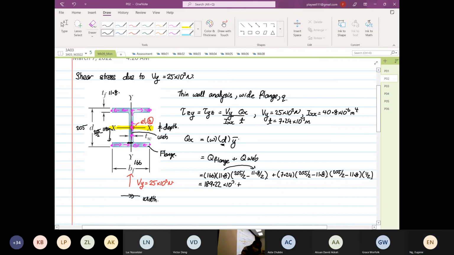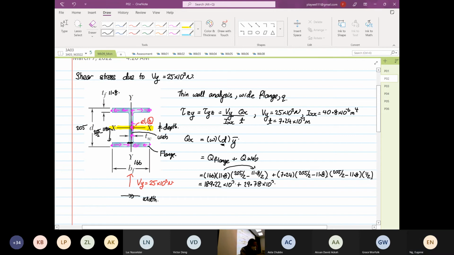Plus 205 divided by 2 minus 11.8, squared the whole thing, times 0.5, times 7.24, is equal to 29.780 times 10 to the power 3.